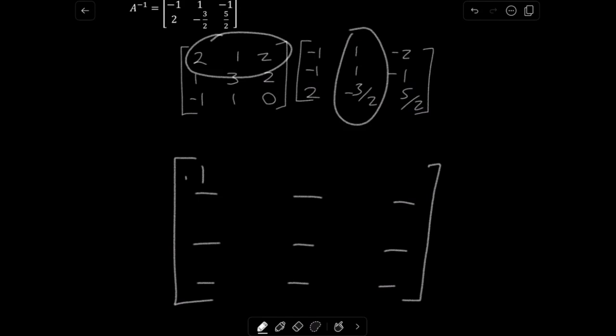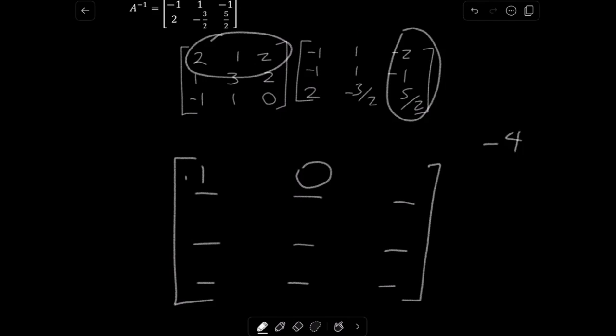We're going to get 2, 1, and, let's check, minus 3. 2 times minus 3 over 2 is minus 3. Add those up. Surprise, surprise, we get 0. Then row 1, column 3, we're going to get minus 4, minus 1, and 5. Add those up. No surprise, we get 0.